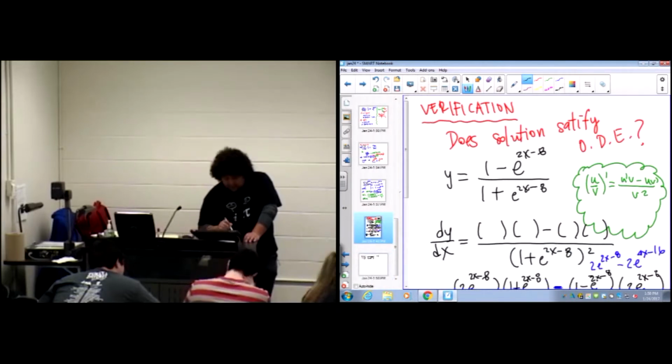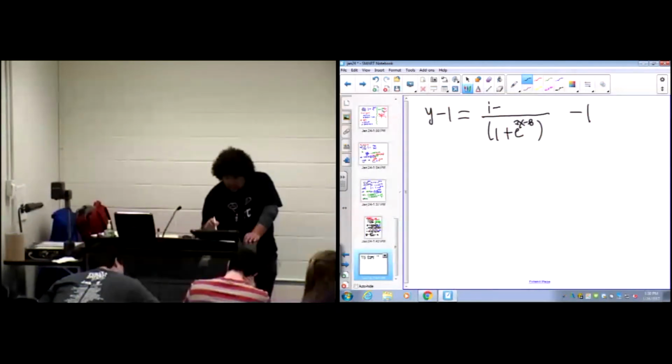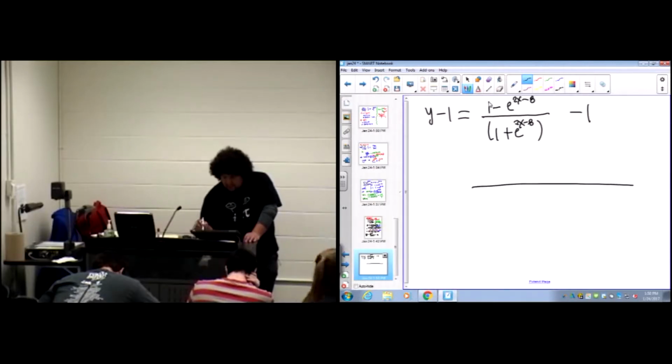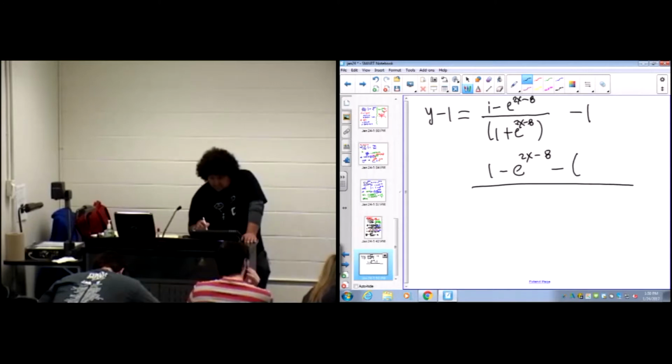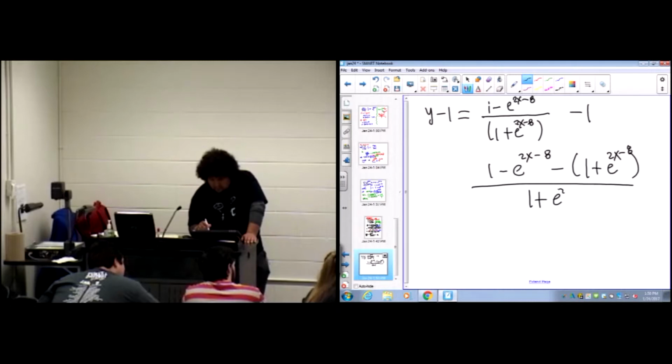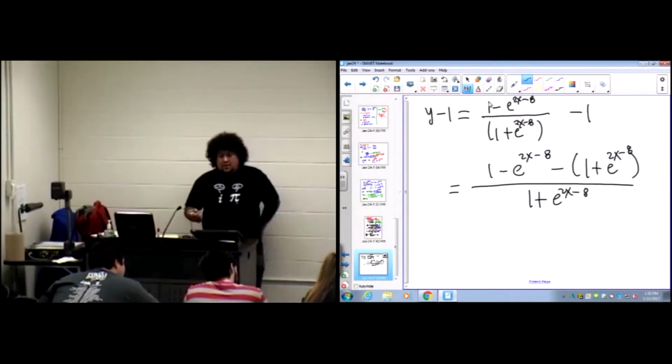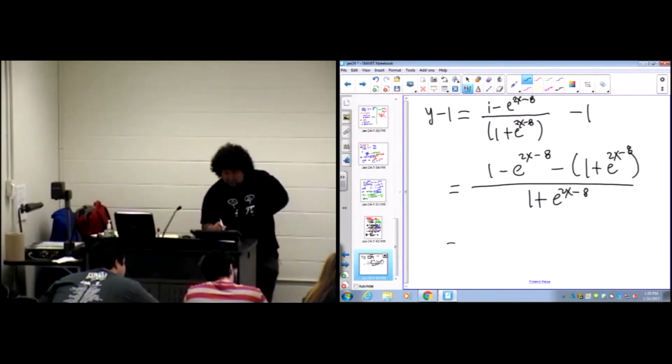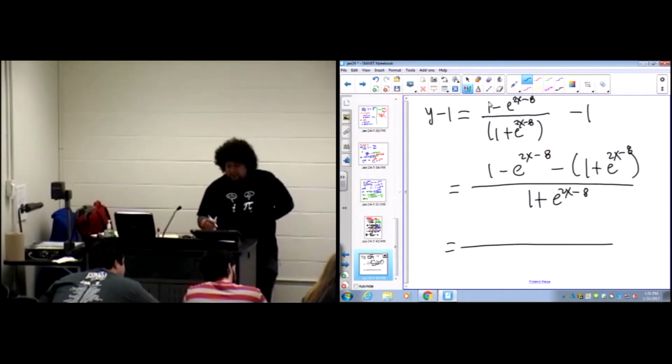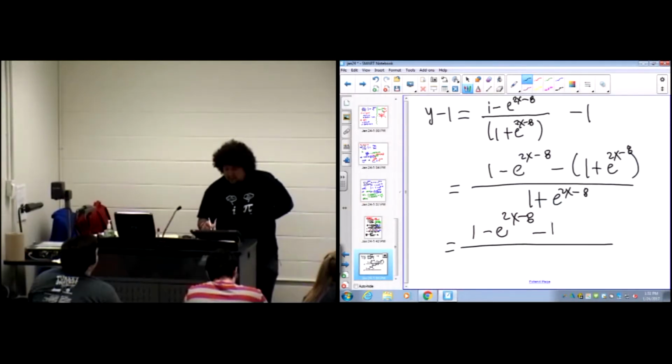This becomes 1 minus this, minus 1 minus e to the 2x minus 8, and the denominator stays exactly the same.